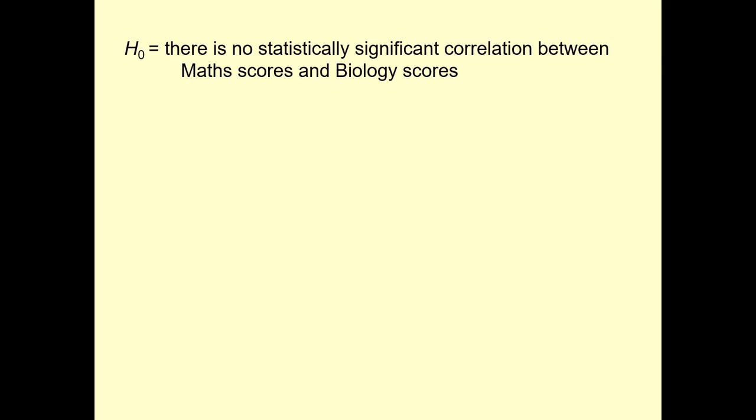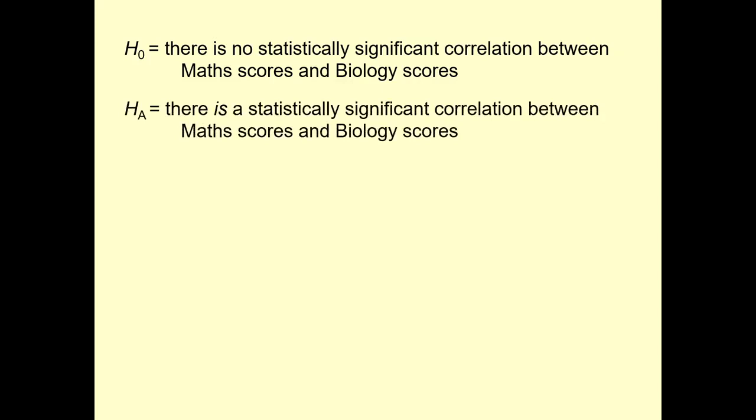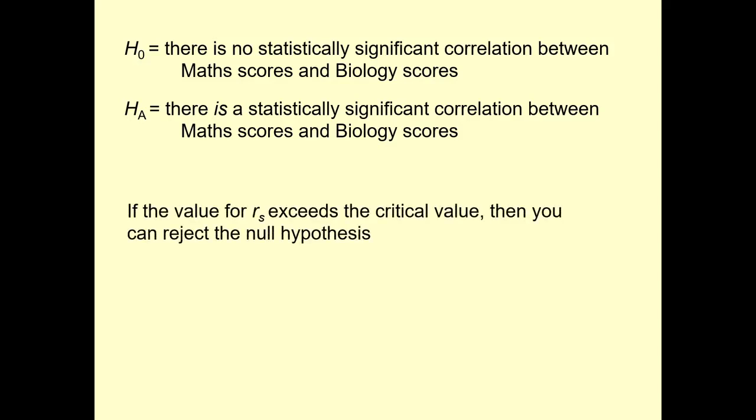So H0 is our null hypothesis. This is where there is no statistical difference. There is no significant correlation between math scores and biology scores. HA means that there is a statistically significant correlation between math scores and biology scores.